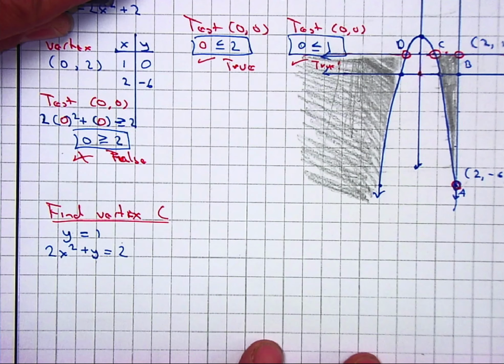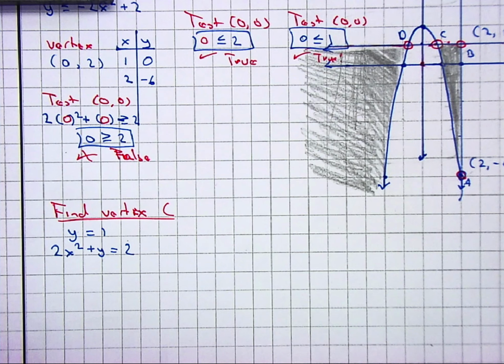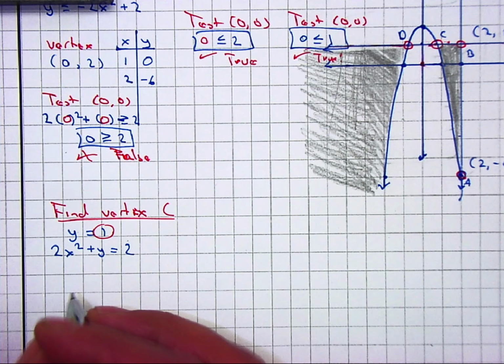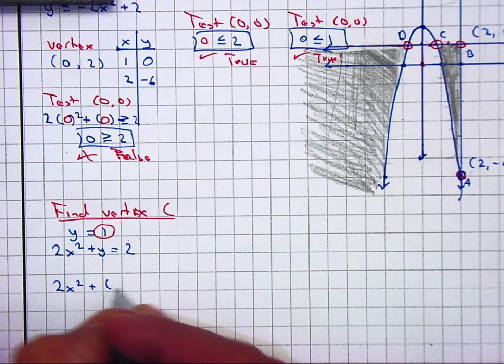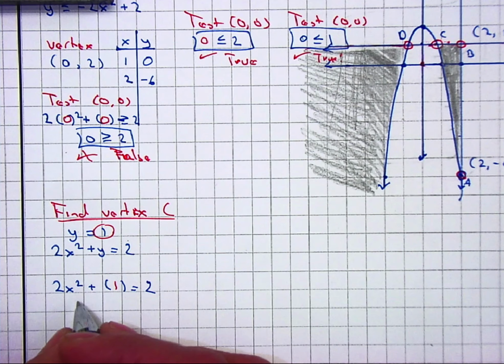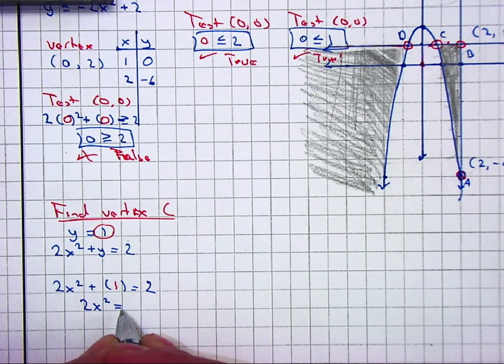To find the intersection, just like we've done in previous sections, I'm going to do it by substitution. I'm going to plug in the value of y, so that'll be 2x squared plus y equal to 2. The y value is 1, so 2x squared is equal to 1. x squared is equal to 1/2.